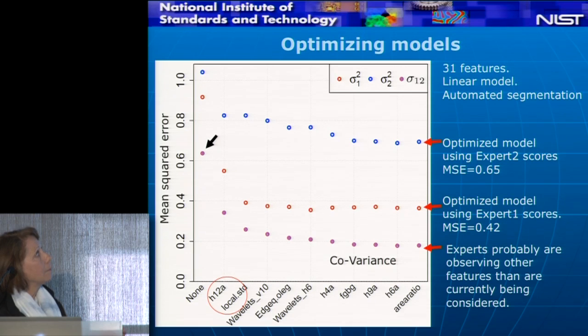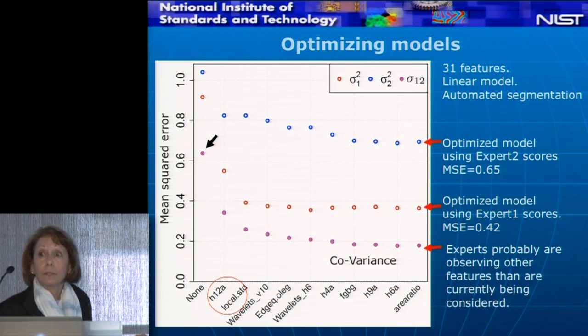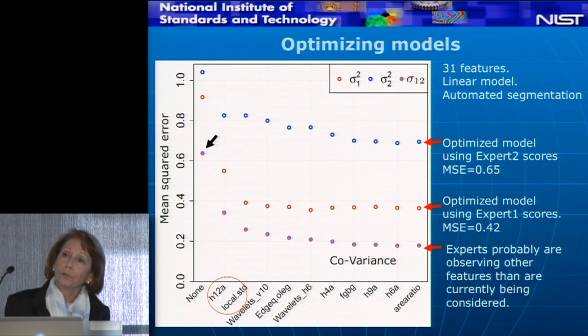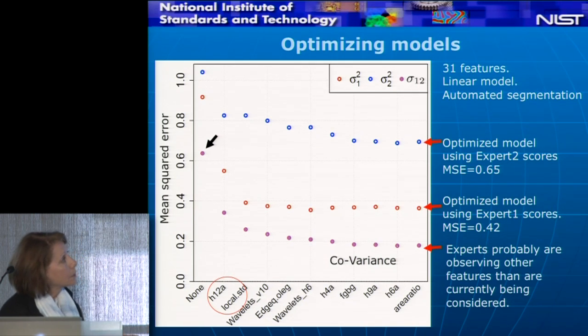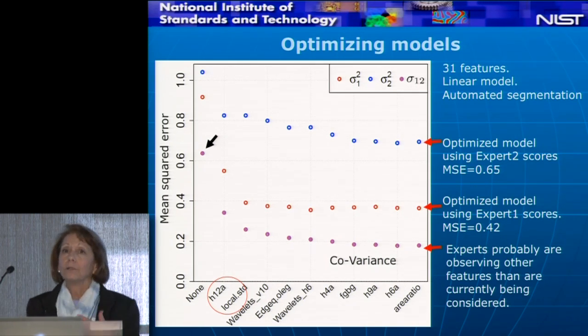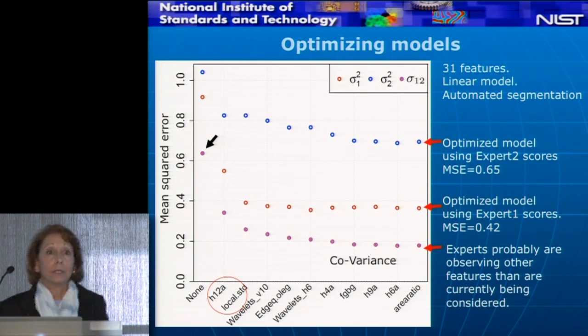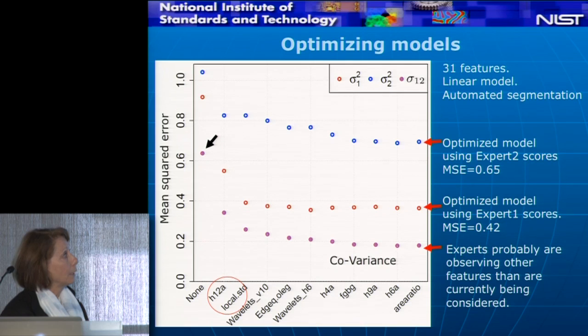When we applied the model that was based on expert 1 scores, we could develop a model with features that provided a mean squared error of 0.42. So we could create a model that was significantly better than what the two experts could do relative to one another. And that would be an automated model that could be applied liberally on a data set.